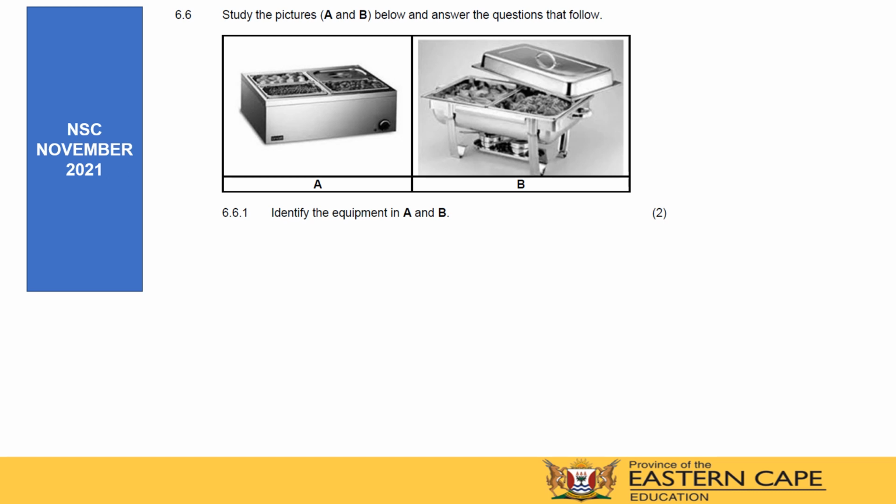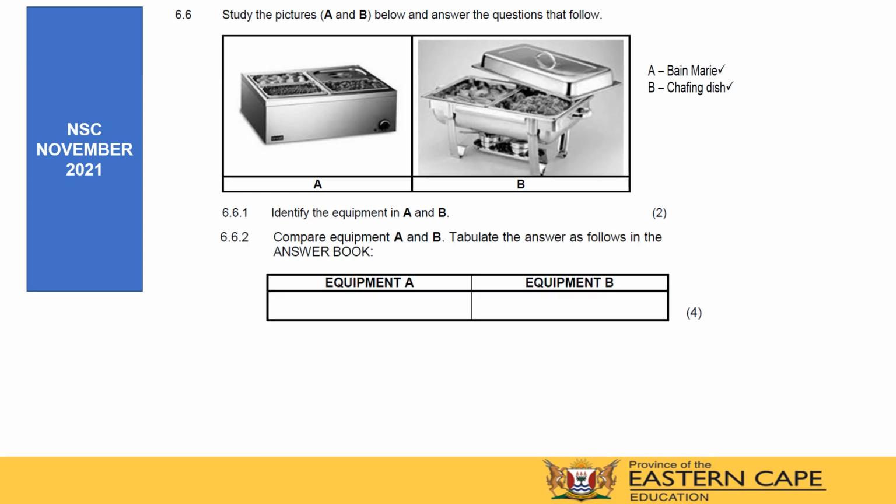The question says, identify the equipment in A and B for 2 marks, which means that each picture is awarded 1 mark. This is how you would respond. Picture A is a bain-marie, and picture B is a chafing dish.